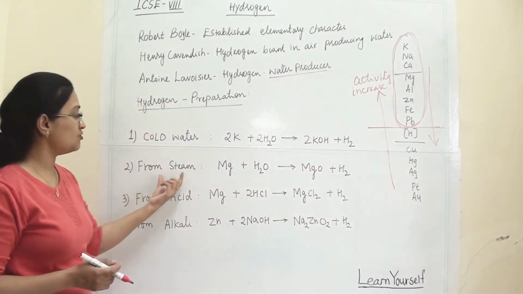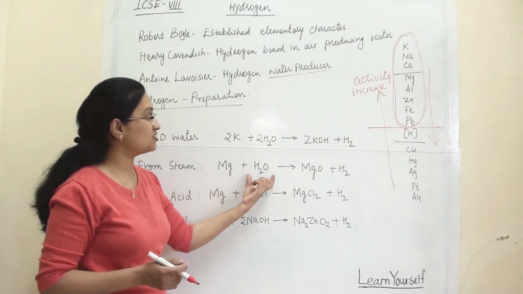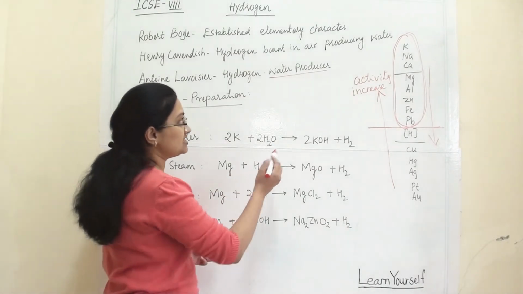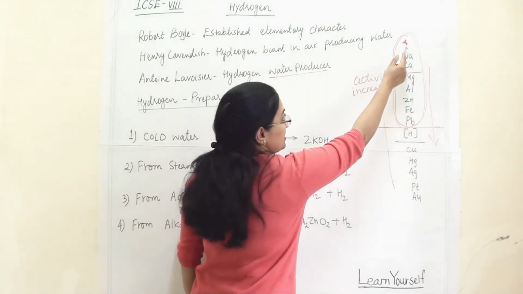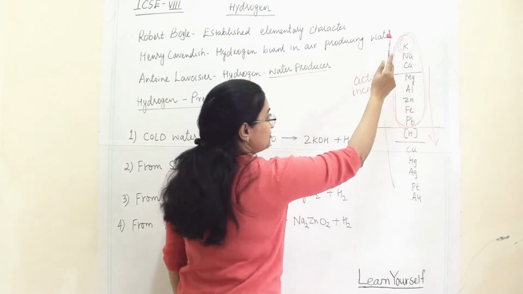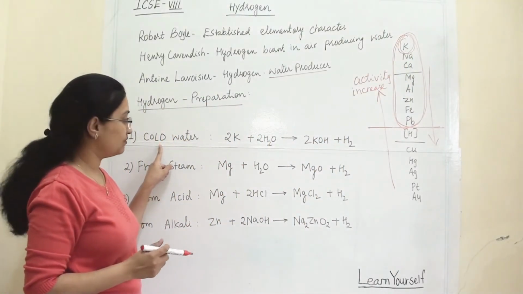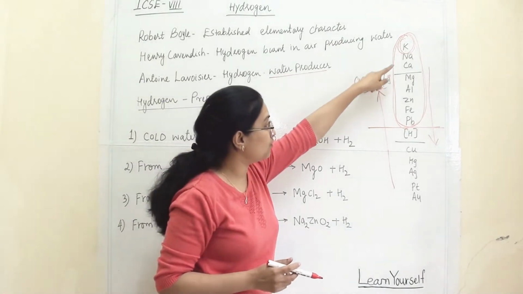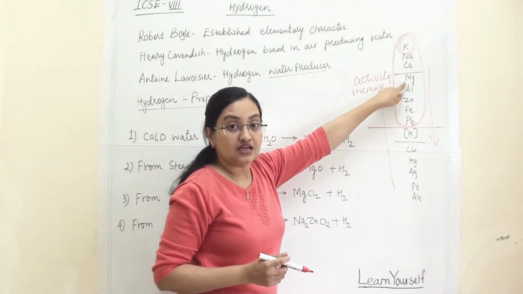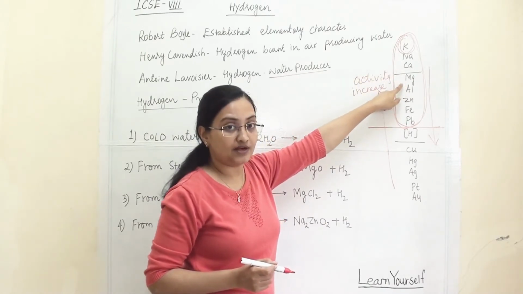Now from steam also we get hydrogen, when magnesium reacts with water. Potassium, being the most reactive element, reacted with cold water also. But now as we go down, we are using magnesium, which is less reactive compared to potassium.